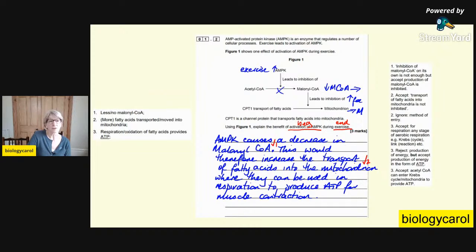So 1, 2, respiration, yes, can be used, yes, for muscle contraction to produce ATP. It would have been really easy to have lost the 3rd mark if I hadn't made that mental connection that exercise equals muscle contraction, which requires ATP from respiration. All right, so here are all of the alternative things that you could have written, but hopefully that makes sense.